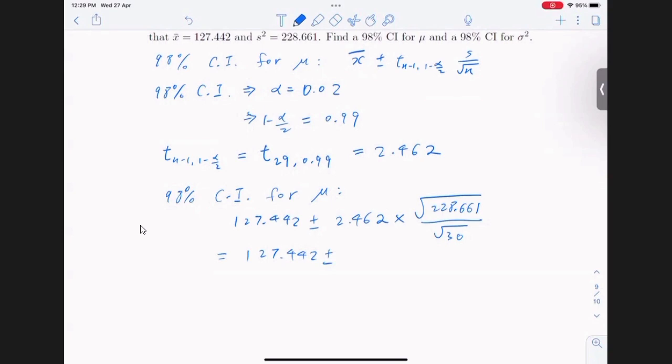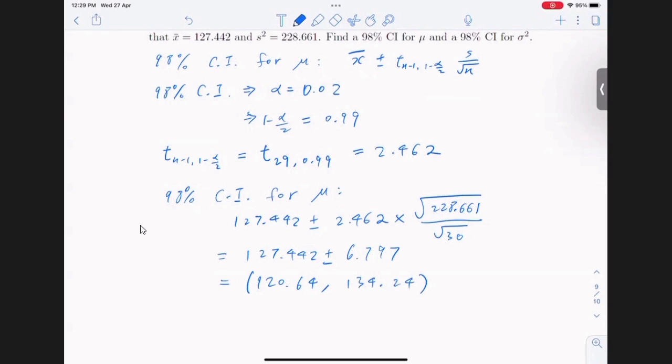You can use your ordinary calculator to get the result. Expressed as an interval, it will be from 120.64 to 134.24. So this is typically how we can construct a confidence interval for the mean if we have a sample from the normal distribution, and the population variance is unknown.